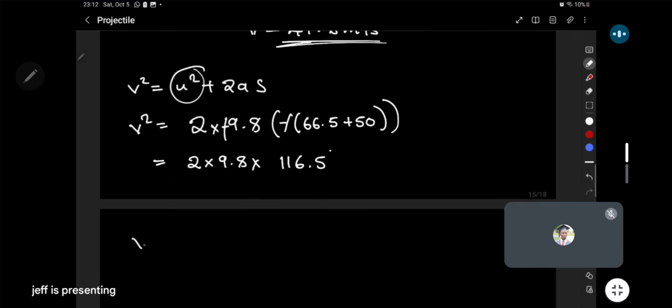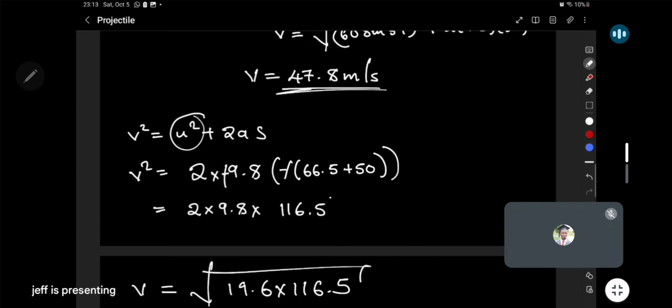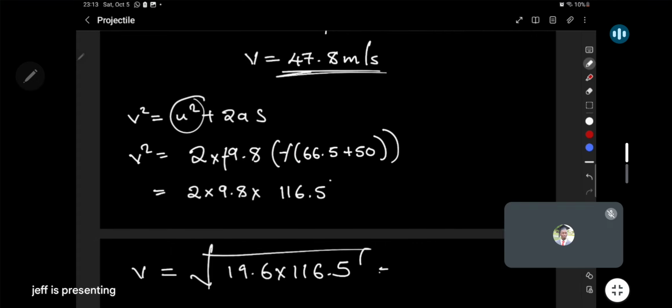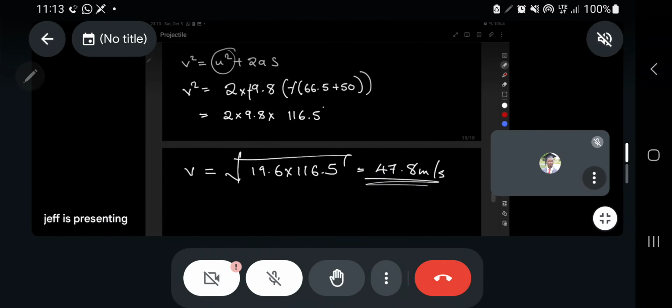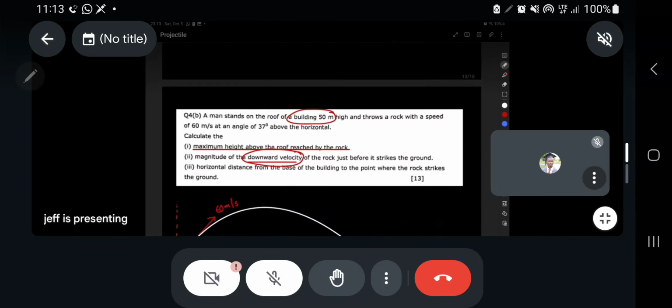So now we have V equals the square root of 19.6 by 116.5. So we see that in this case, you'd still get 47.8 meters per second. So it's just up to you which method you'd prefer here. Otherwise, they both yield the same results.